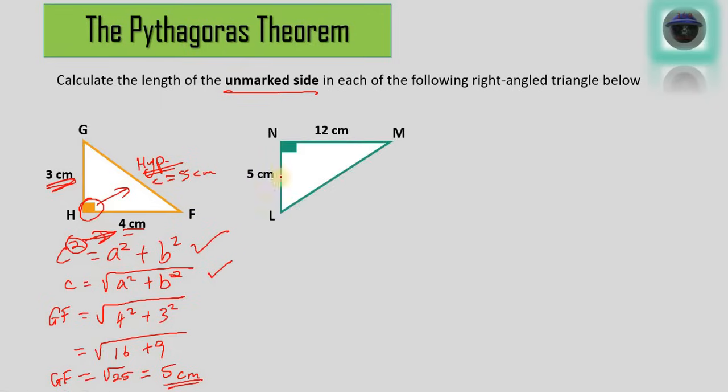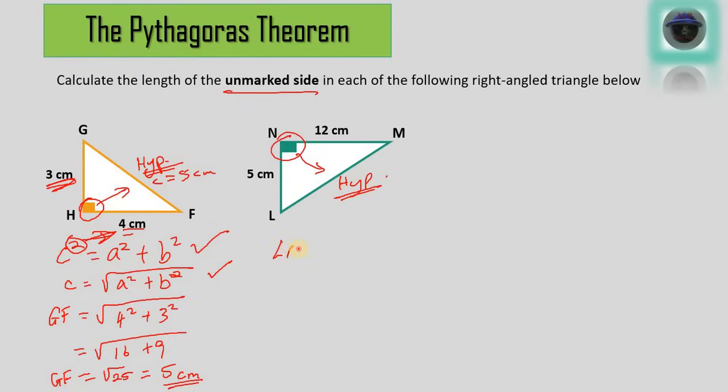Next, again, we're using the formula C squared equals A squared plus B squared. We identify the hypotenuse, which is LM, opposite the right angle of 90 degrees. And since we're looking for the unmarked side, we don't have a measurement for this side, LM.